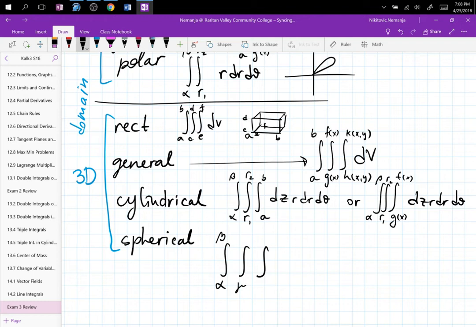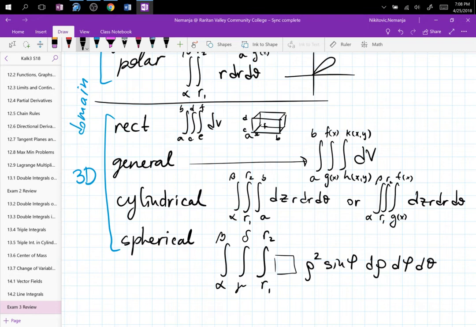Let's go with gamma and delta, and then R1 and R2 for the radius. And then we might put something in here, we might not. And then we use rho, right? Rho squared sine phi, d rho, d phi, d theta.